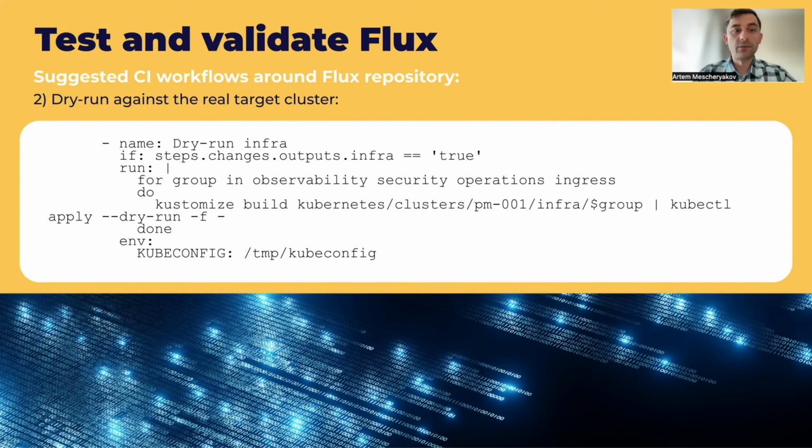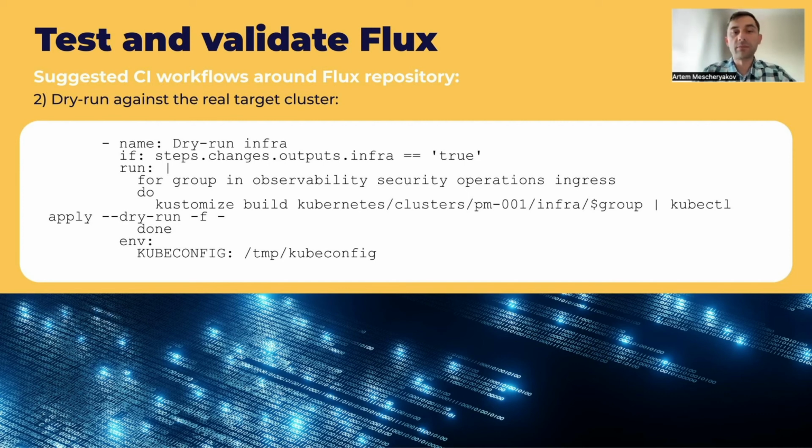Then the second workflow that is possible to do is a dry run against the real target cluster. Dry run with the help of kubectl apply dry run. So basically here we just, for all the groups we have, for all the kustomizations we define on the repo, first kustomize build this set of manifests.